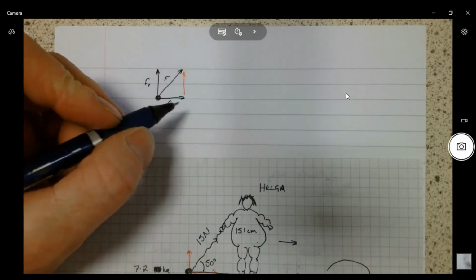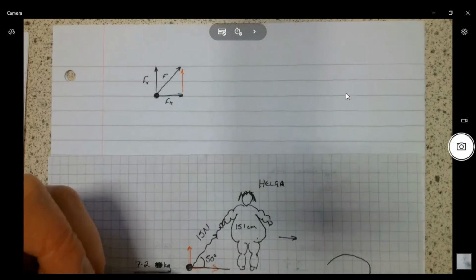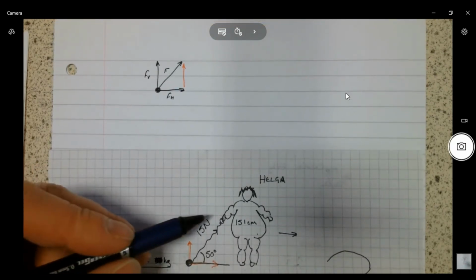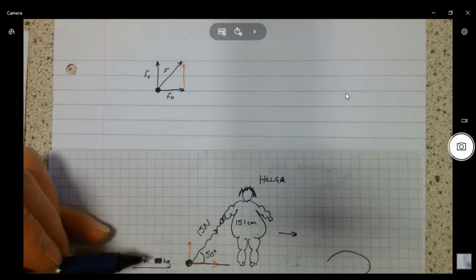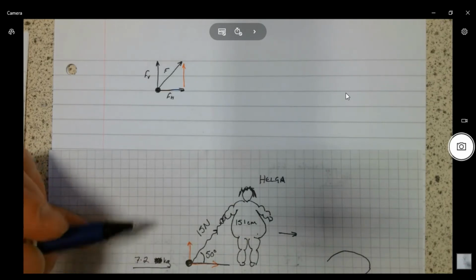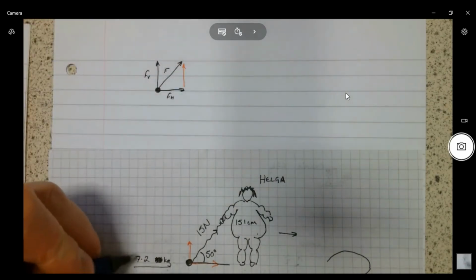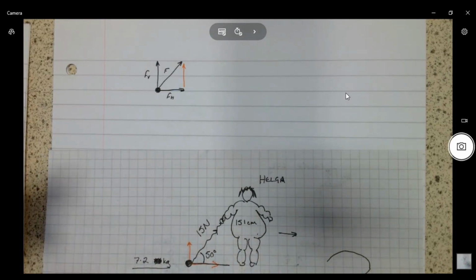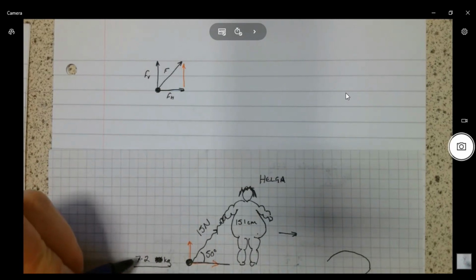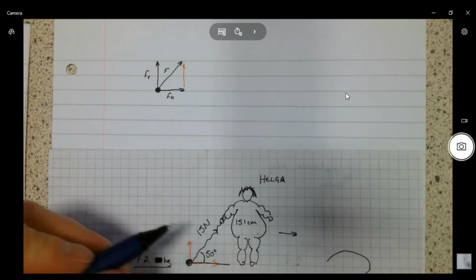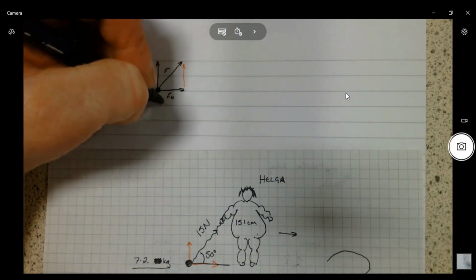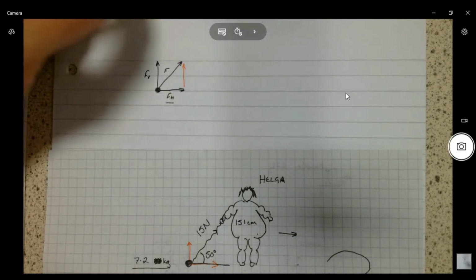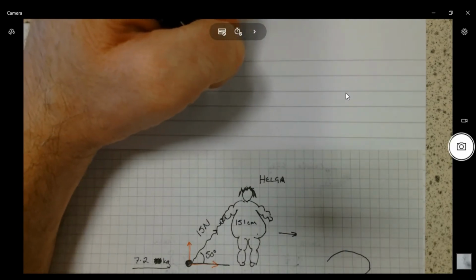Now, we all know that with an applied force of 50 newtons, she ain't ever going to be lifting that shot up off the ground. It's going to have a weight of 72 newtons. Yeah, no chance, 50 newtons, forget about it. So I'm not too worried about my vertical force, but I want to know what the horizontal force is. And so I'm just going to focus on FH.